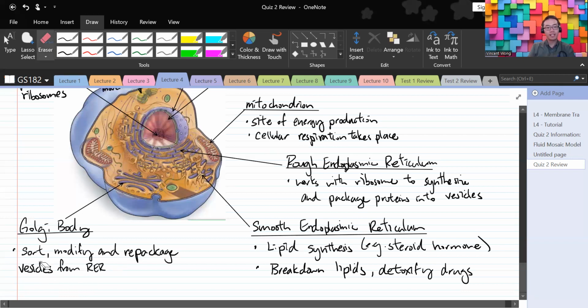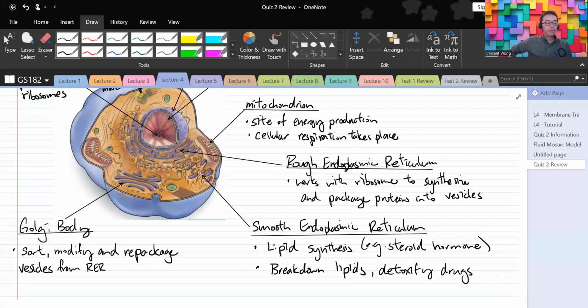And then that vesicle can go to different places, right? We wrote this down in class, but I'm just going to verbally tell you. You should revisit that slide if you don't fully remember. So that vesicle, after it comes off from the Golgi, could stay in the cytoplasm until you need the protein, or you can release it right away if you need it immediately.